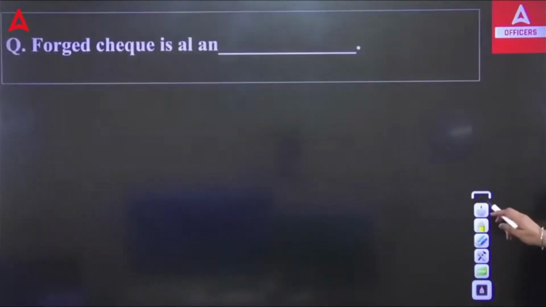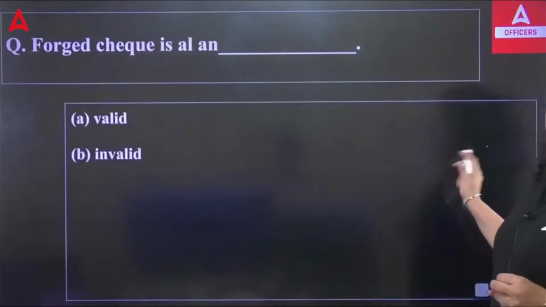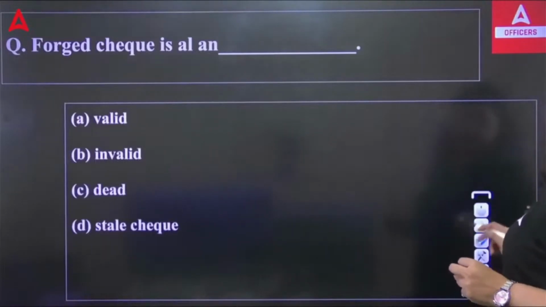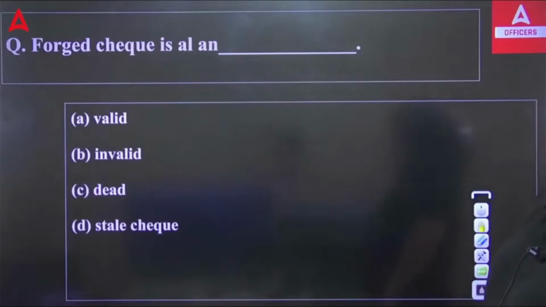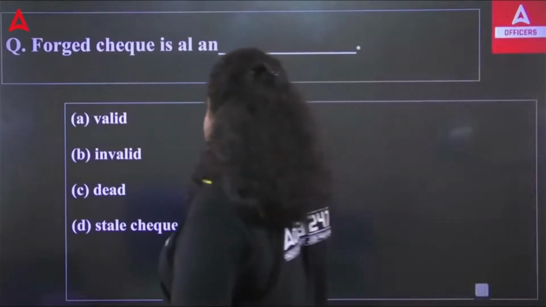Next, forged check is always an valid, invalid, dead or stale check. So, the question is asking, forged check is always a valid, and it can't be a dead check. It can be a stale check.